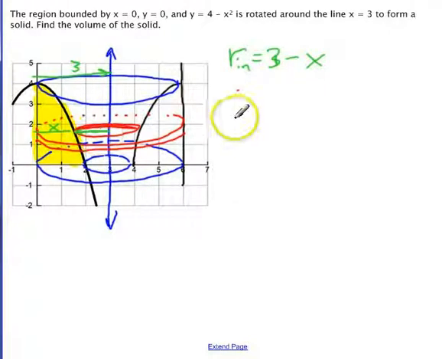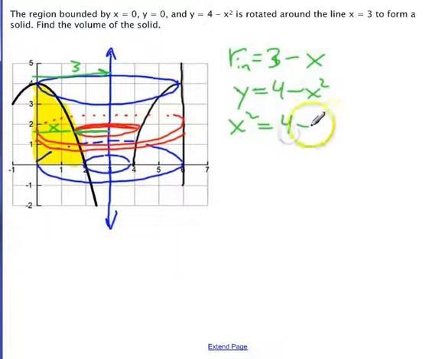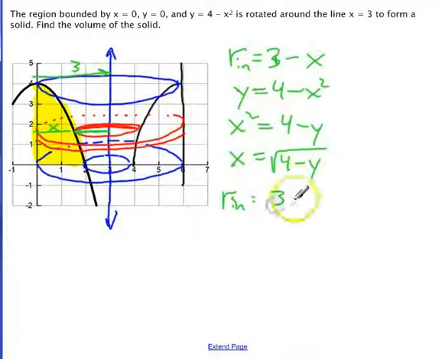We've got a little bit of a problem. Because what is x? Well, y is equal to 4 minus x squared. So x squared is equal to 4 minus y. So x is equal to the square root of 4 minus y. So that means that our inside radius is 3 minus the square root of 4 minus y.